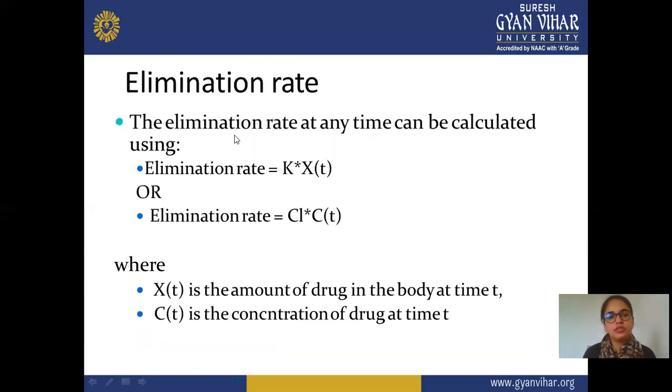Next is the elimination rate constant. The elimination rate constant is the rate estimated for your drug at a particular time. In this we calculate the elimination rate constant K of a drug.